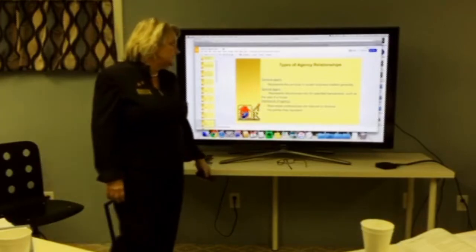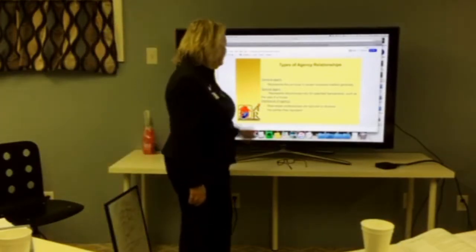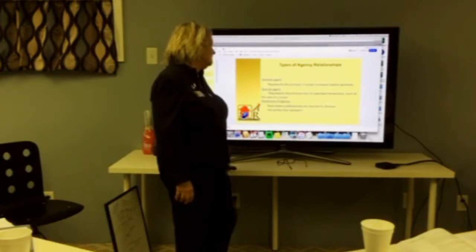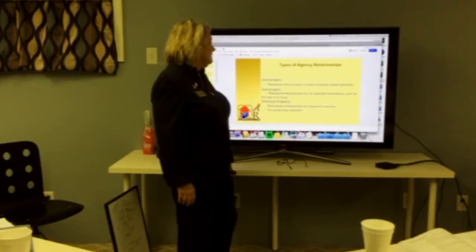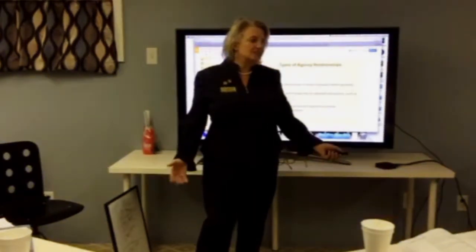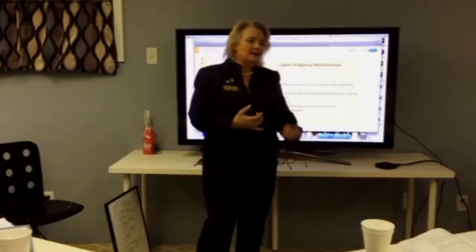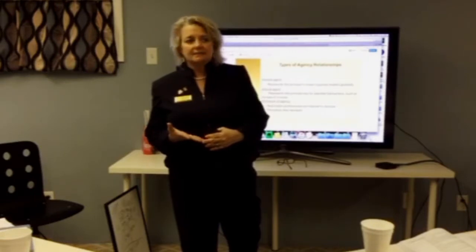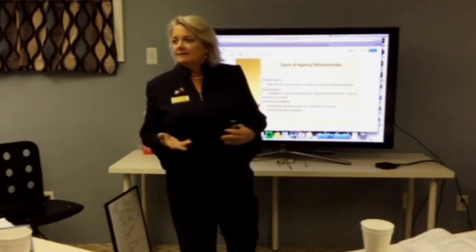Okay, so types of agency relationships. A general agent represents the principal in certain business matters generally. Okay, that could be your family attorney, right? Represents you when you have to do estate work, or some legal work for maybe some house stuff.